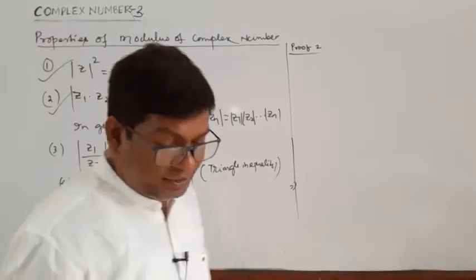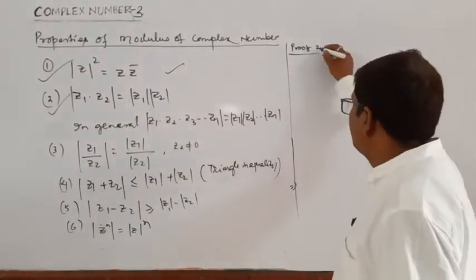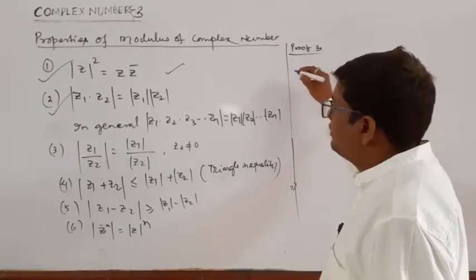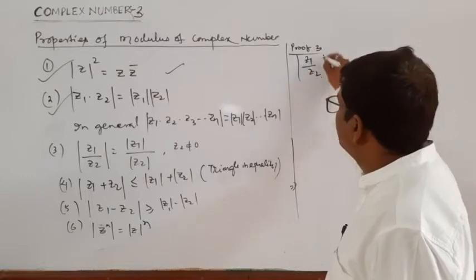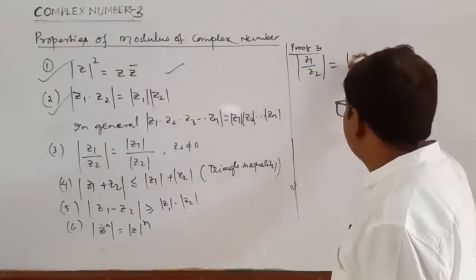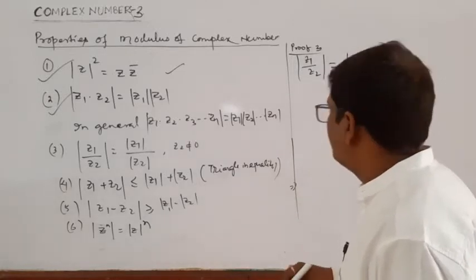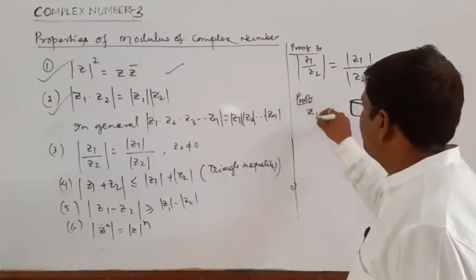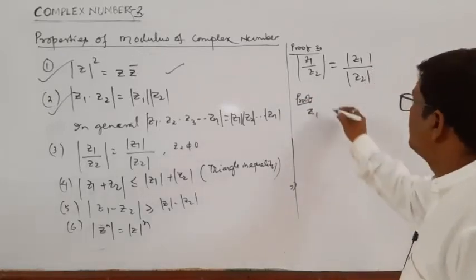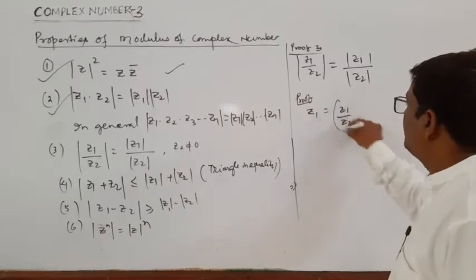Now proof of property 3, that is mod of z1 by z2 is equal to mod z1 divided by mod z2. The proof: z1 can be written as z1 by z2 into z2.